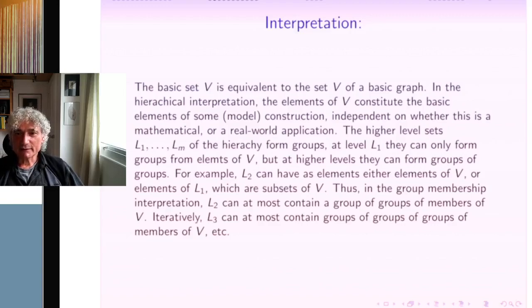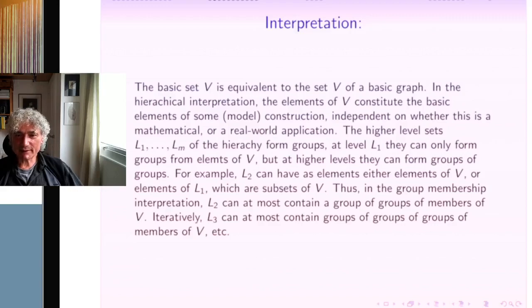Doesn't really matter. So here the higher level sets now, these sets of hyperlinks L1 to Lm, form a hierarchy of groups. So at level L1 they can only form groups of elements of V, but at higher levels they can now form groups of groups, or groups of groups of groups.